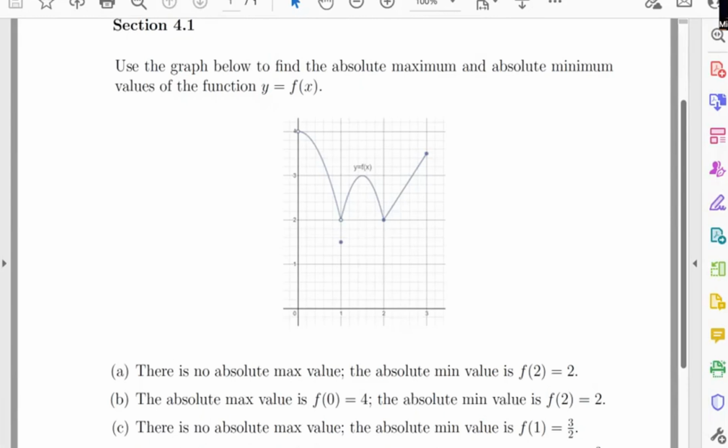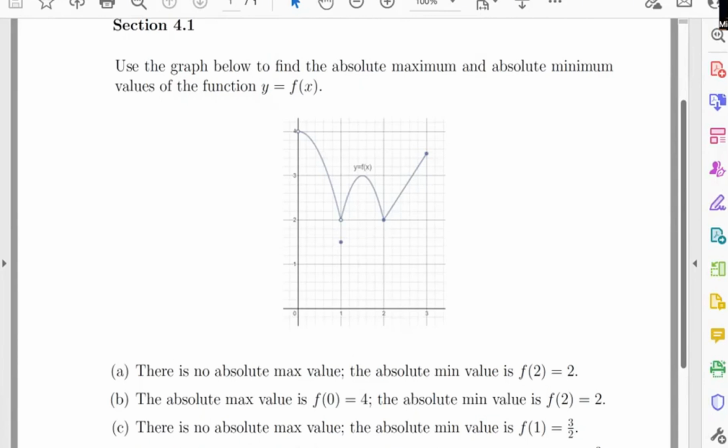What about absolute min value? Well, some people would say that's 2, because if you look at the curve here, when x is 2, there is the point y equals 2 on the curve, and that's a filled-in circle. But that's not the absolute minimum value of the function.